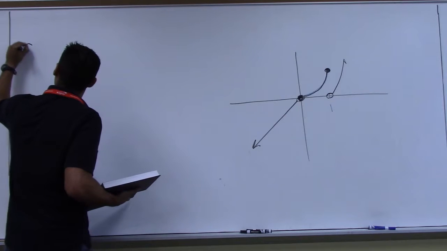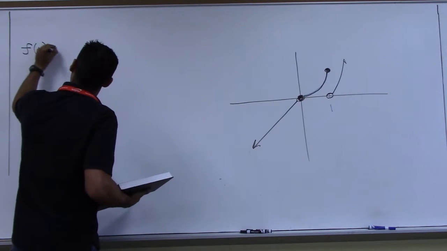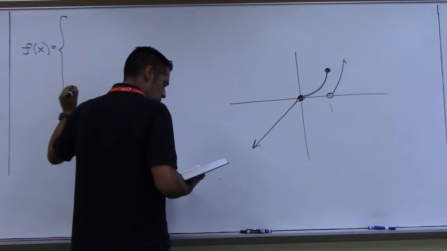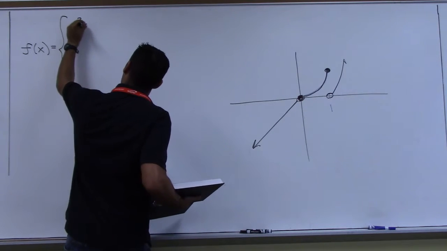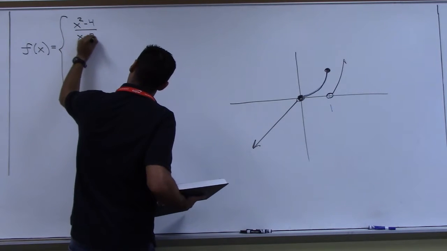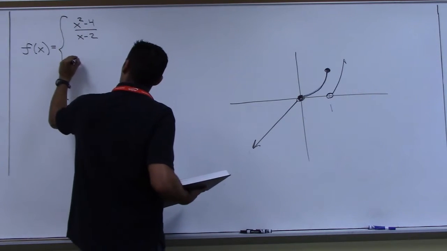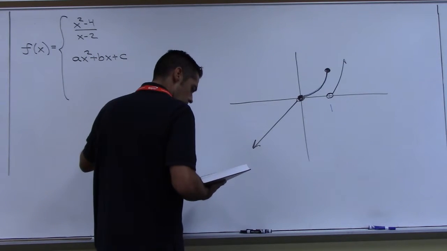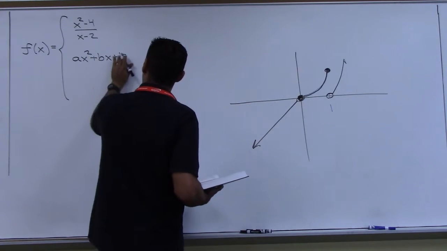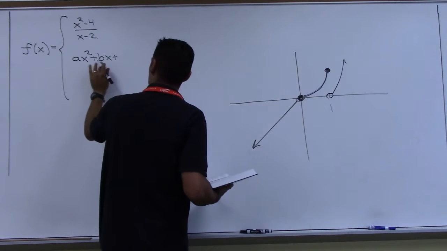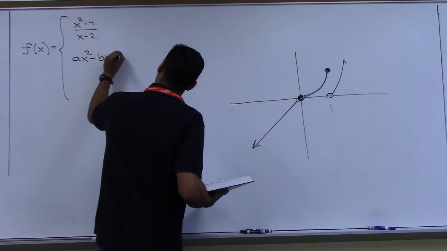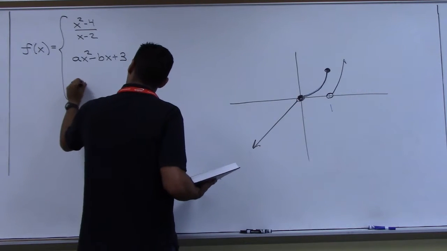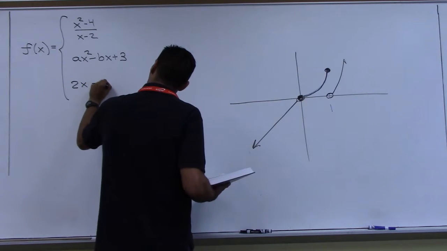F of x equals, okay, x squared minus 4 over x minus 2, ax squared plus bx plus 3, sorry, minus bx, and then 2x minus a plus b.